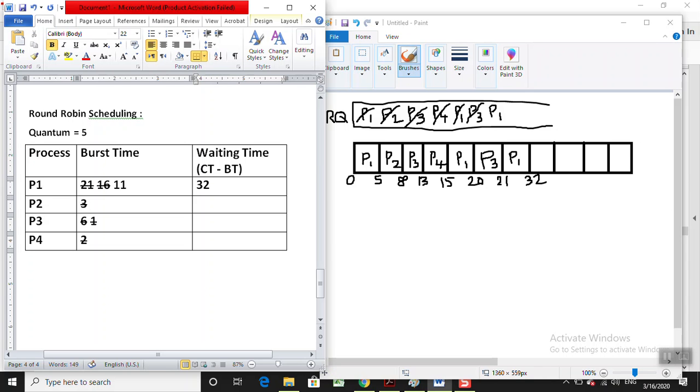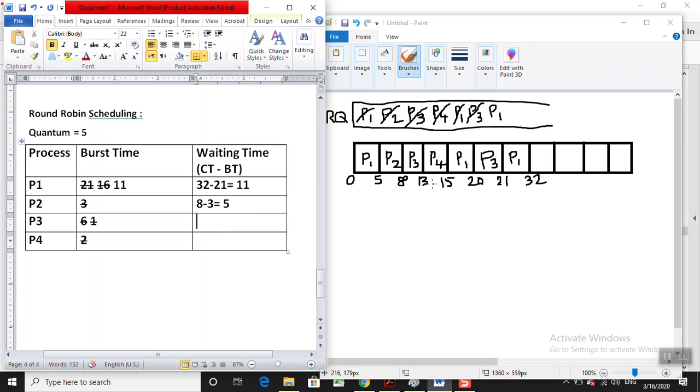So 32 minus the burst time, 21, is 11 milliseconds. What is the completion time of P2? P2 finished at 8, and the burst time is 3, so the waiting time for P2 is 5 milliseconds.